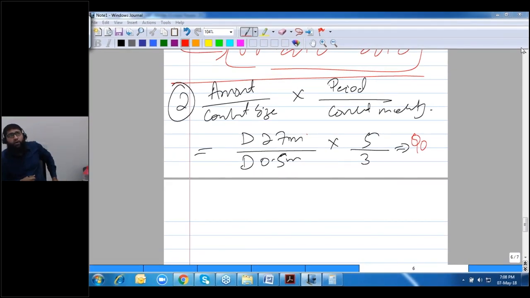Okay, so it's going to be 90 contracts. So the 90 contracts is the answer. So that means we are going to have 90 contracts.